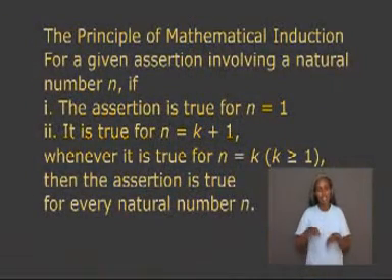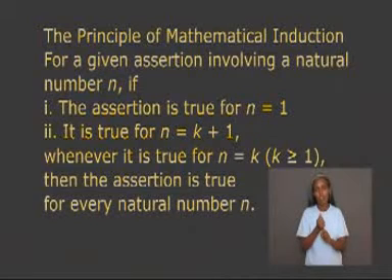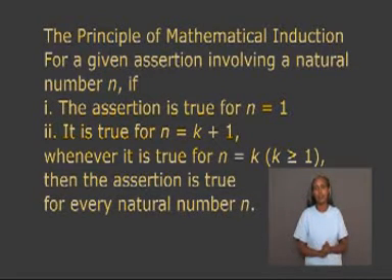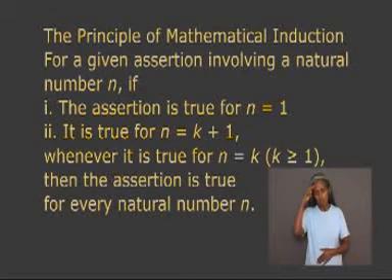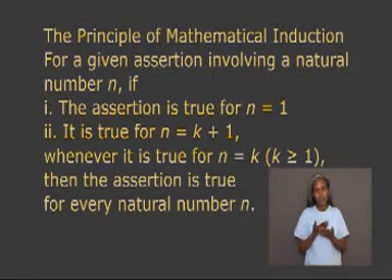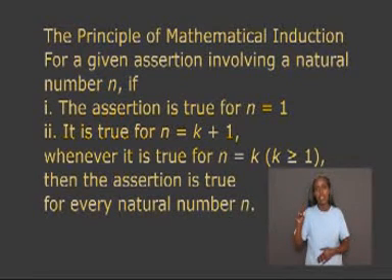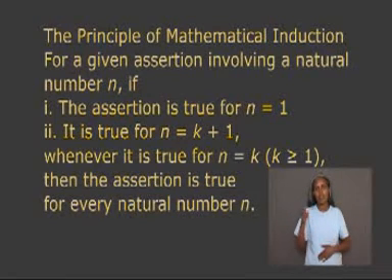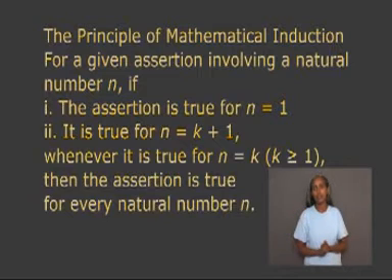For a given assertion involving a natural number n, if the assertion is true for n equals 1, and it is true for n equals k plus 1 whenever it is true for n equals k, when k is greater than or equal to 1, then the assertion is true for every natural number n.